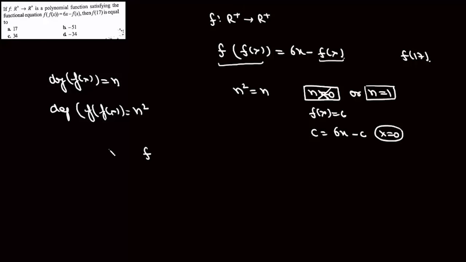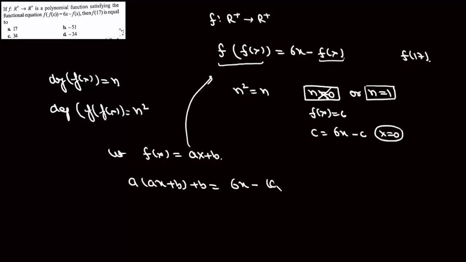So we'll let f(x) as ax plus b. Now we'll substitute it in the given equation. So it will be a of ax plus b, plus b, and it will be 6x minus (ax plus b). Now we compare the coefficients of x.